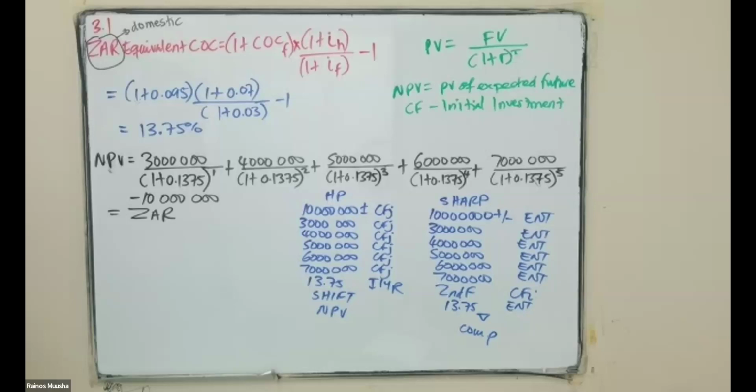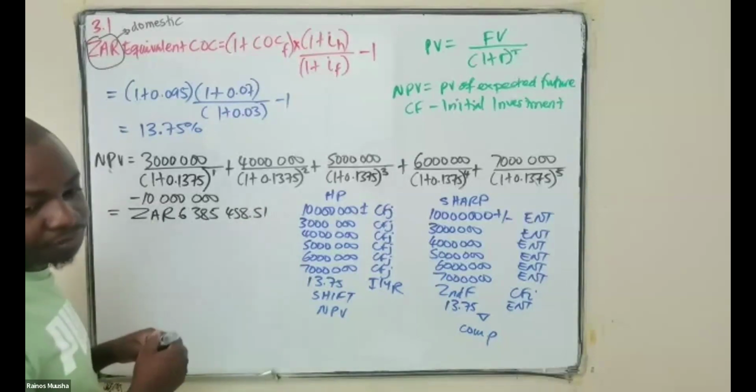How much do you get? $6,385,458.51. Okay.